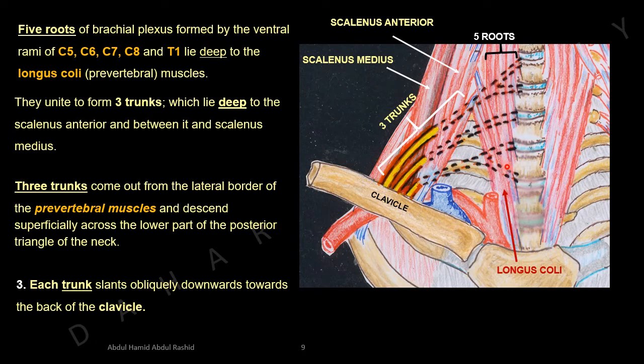The lower two join to form the lower trunk of the brachial plexus. The middle one remains as the middle trunk. They run laterally deep to the scalenus anterior, between the scalenus anterior and scalenus medius. That is the gap we have already mentioned. And then all three of them pass laterally at the upper part of the posterior triangle of the neck, and now all three are behind, that is deep to, the clavicle.